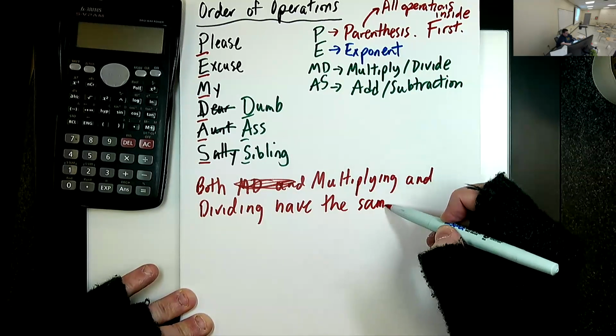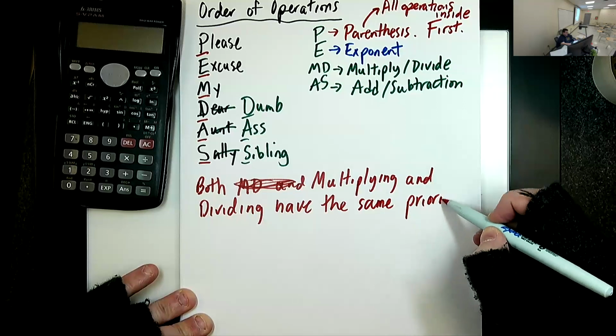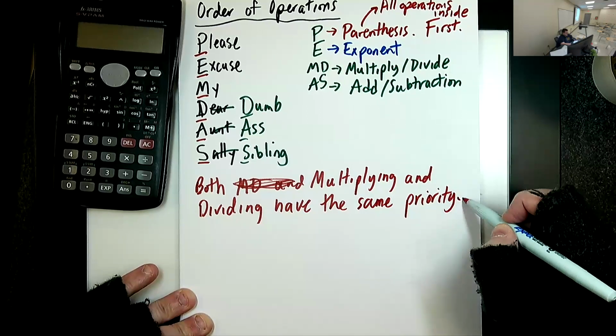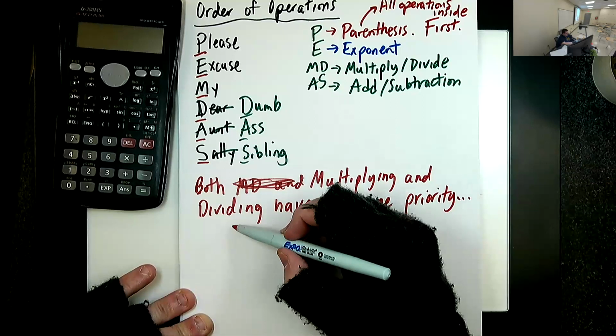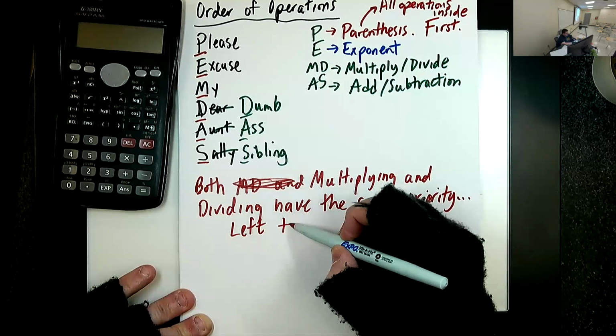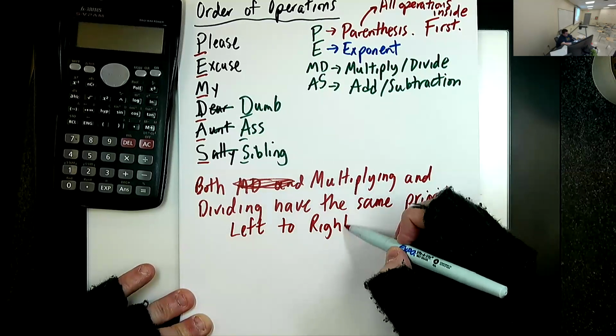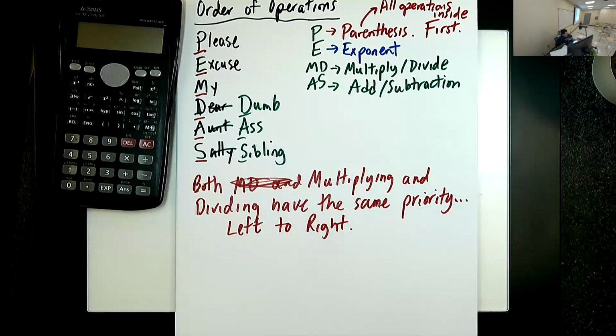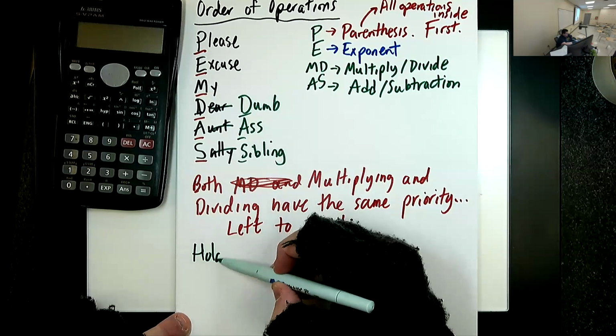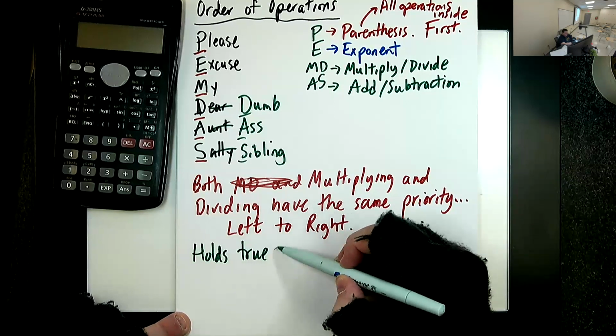We do them together. So sometimes we got a bunch together. When we do them, we go left to right. And that's why when I write it, I write the M and the D next to each other. This holds true for addition and subtraction too.